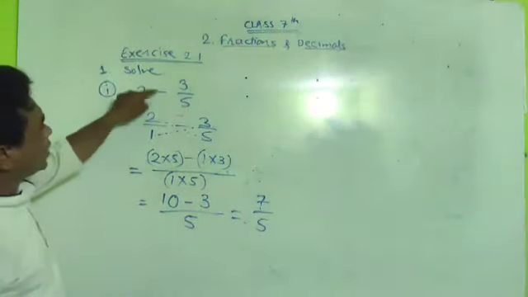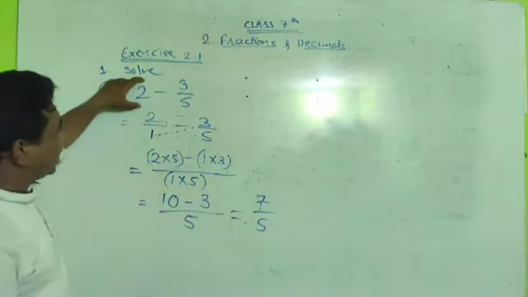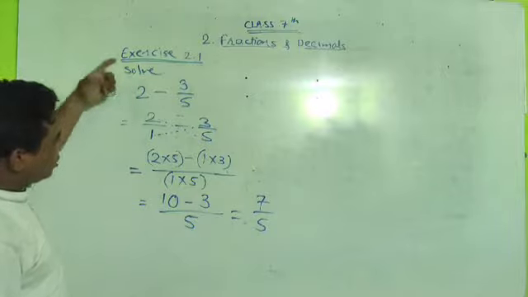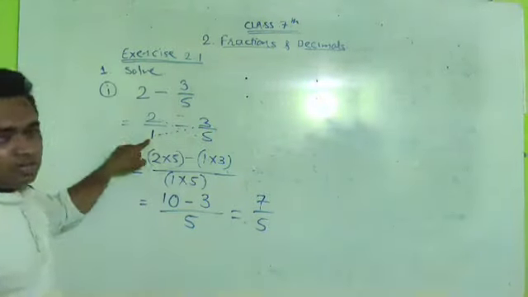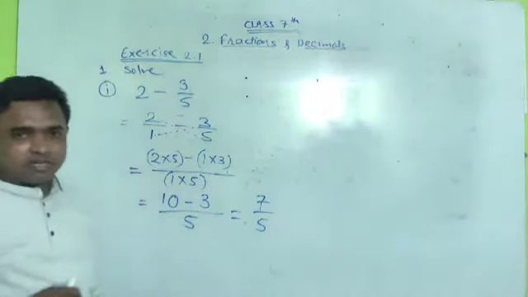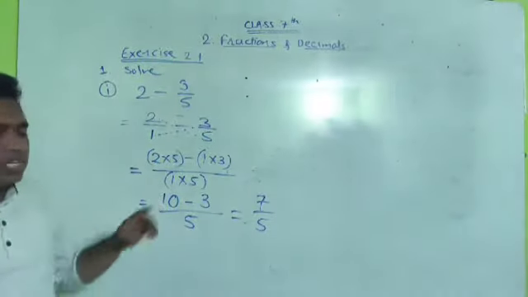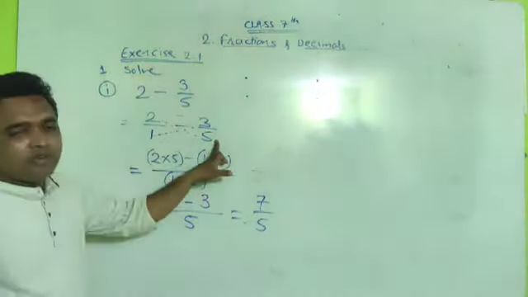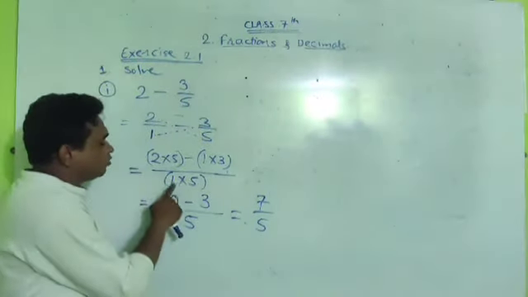So 2 minus 3 by 5. Here 2 is an integer. Don't be confused with the fraction. If an integer is given, convert it into a fraction. How? Just simply write the denominator as 1. So here 2 upon 1, 3 upon 5, and subtraction is there. Firstly concentrate on the denominator values. The denominator is 1 and the denominator is 5. Simply multiply them and write in the denominator, that is 1 into 5.